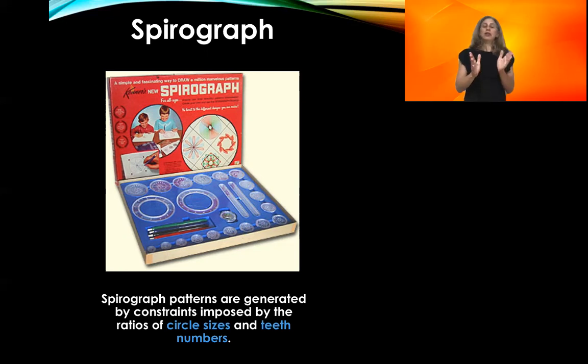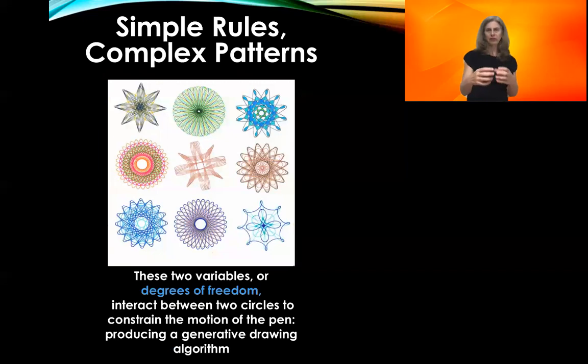And what's interesting is that you can see how many different loops, how many circles there are in the game, but with only a few different possibilities for the size of the circles and where you can put your pen and the size of the outer loops, you're able to generate a whole host of different kinds of patterns from this simple kit of parts, which you can think of acting as a set of rules that constrains permissible movements of the pen, those rules being constrained by the size of the circle.